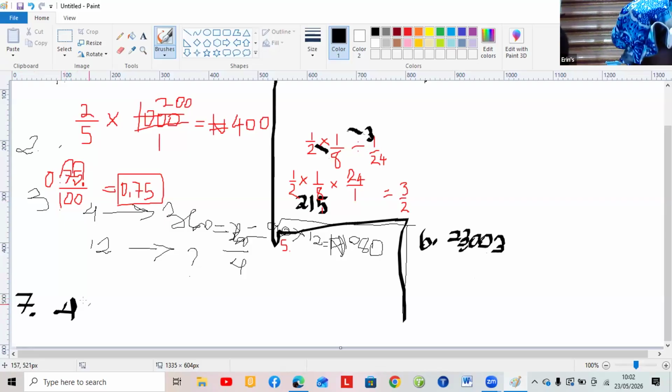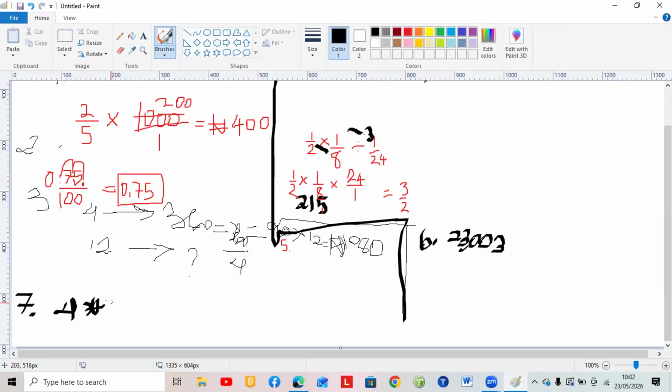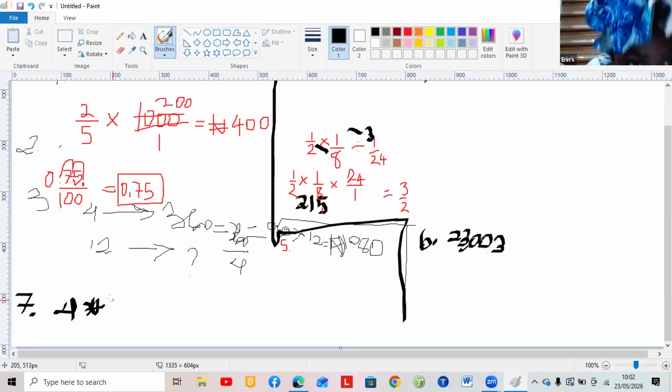This is 4. Is that hash or asterisk? Or just asterisk or hash. And there's a line under it.